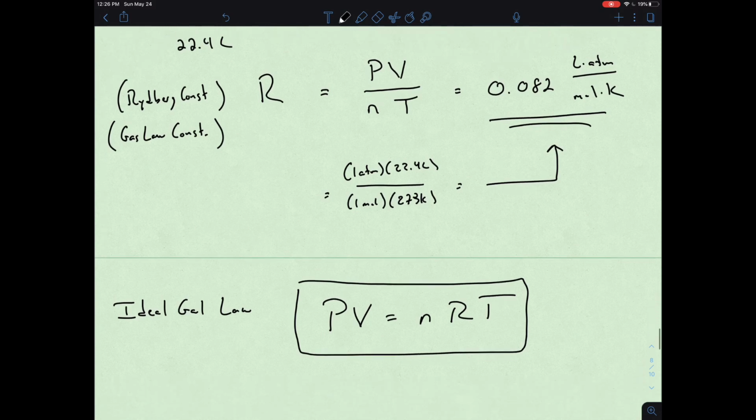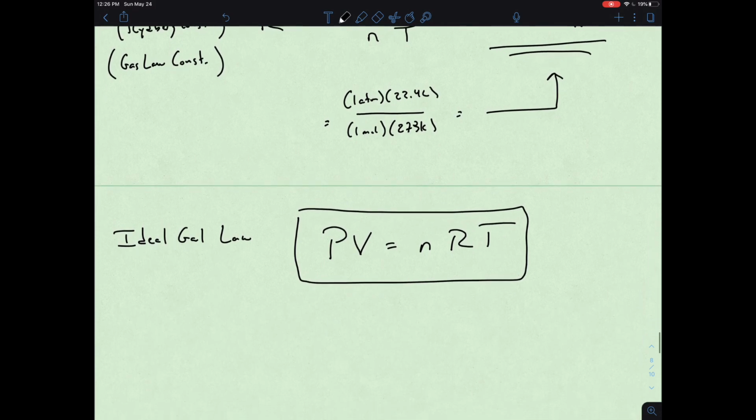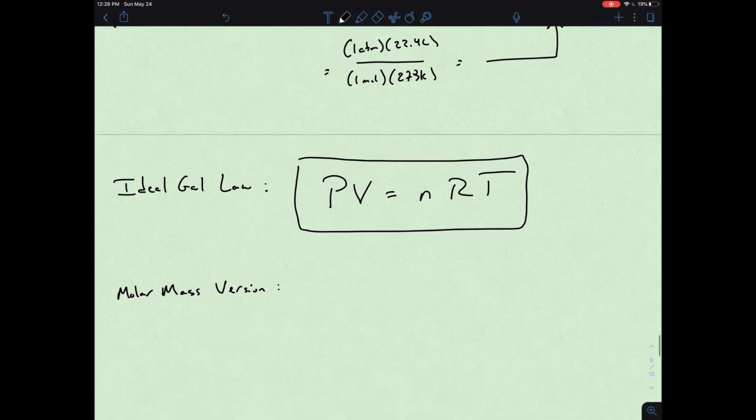Now there's a couple other relationships that we can find within this gas law. There is also the molar mass version. And remember, molar mass would be grams per mole.